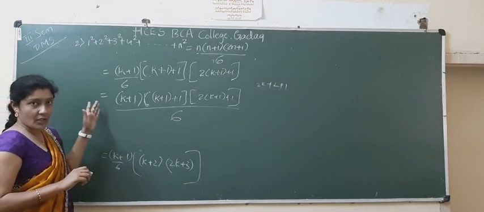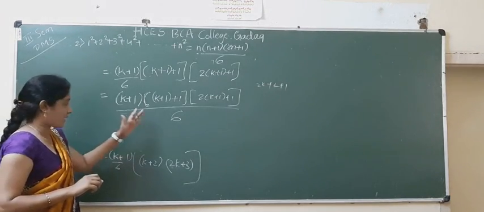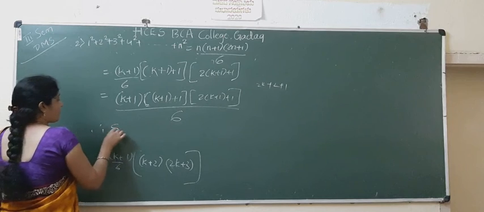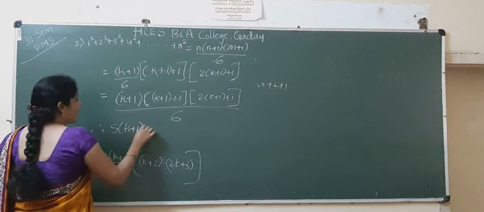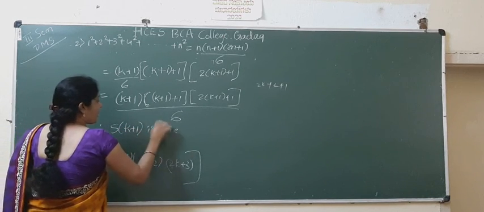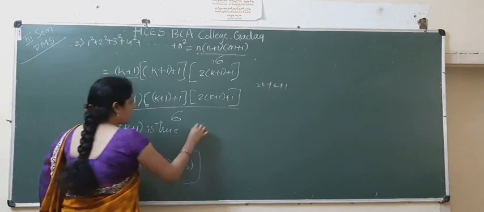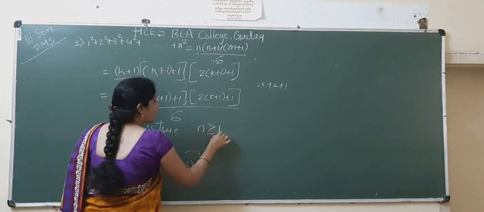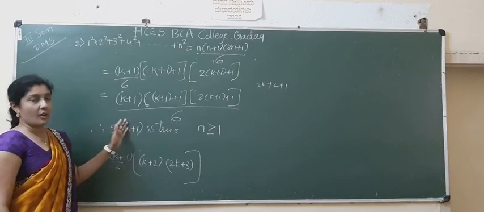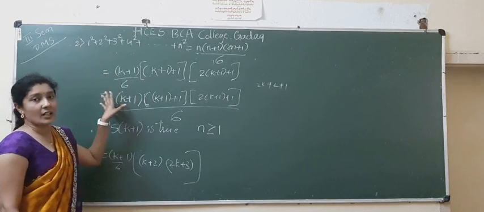So the second condition, that is the induction step, is also satisfied. Therefore, S of k plus 1 is true for all the integers n greater than or equal to 1. So this is how mathematical induction is done.